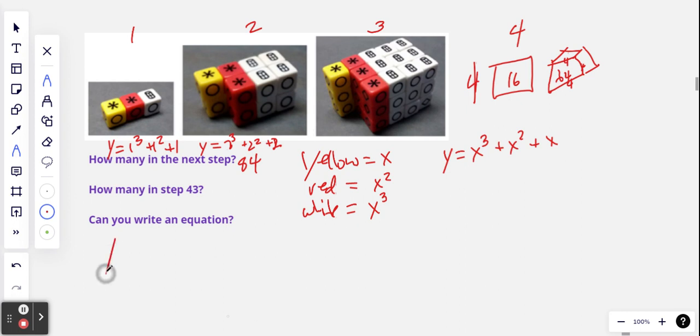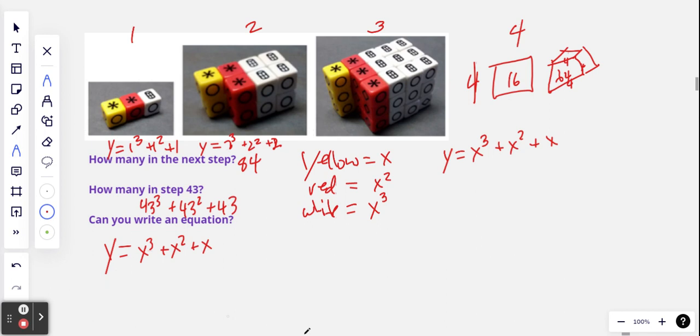I think we've got it. So our equation is y equals x cubed plus x squared plus x. So to calculate the number in step 43, we're just going to cube 43 and square 43 and have 43 itself and add them all together. So 43 cubed plus 43 squared plus 43.